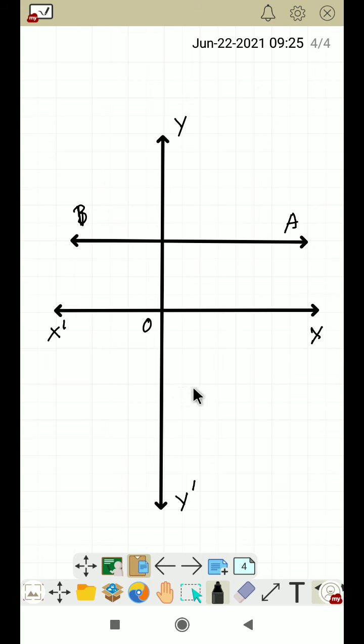So the inclination of the line is 0 degrees.